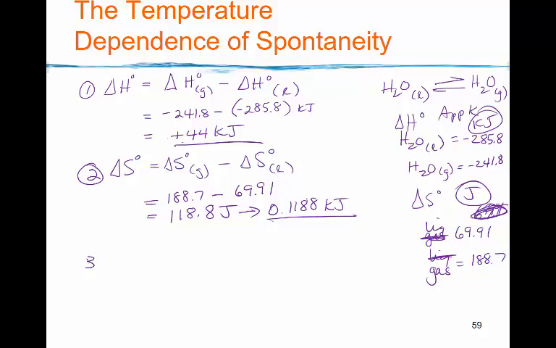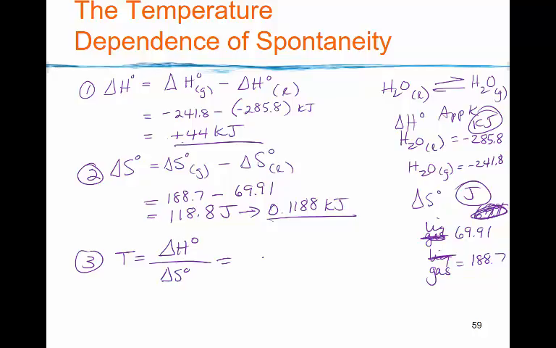So I know that T, if it's at room temperature and at equilibrium, is equal to delta H0 divided by delta S0.